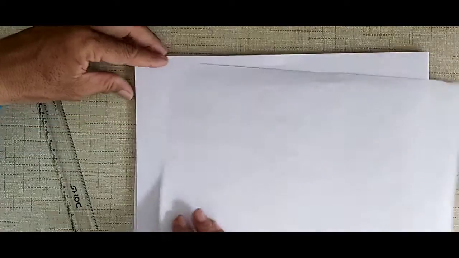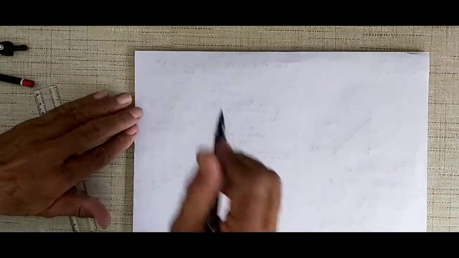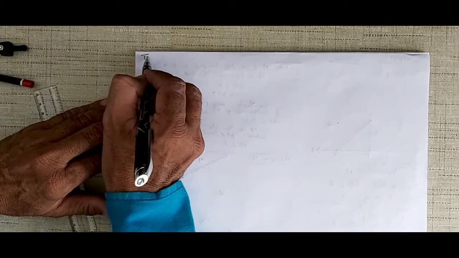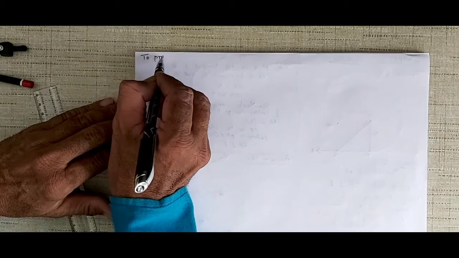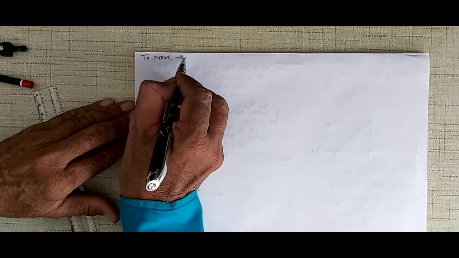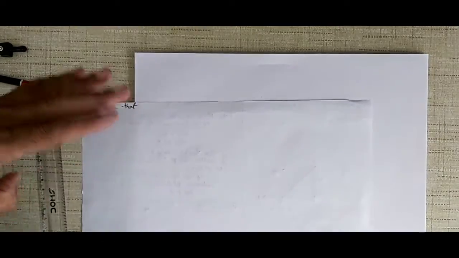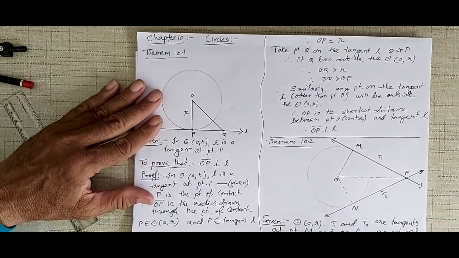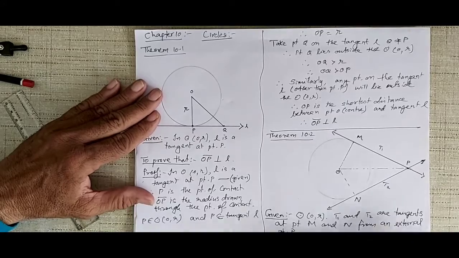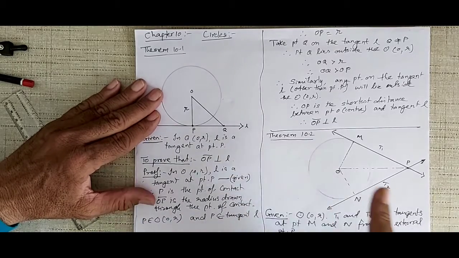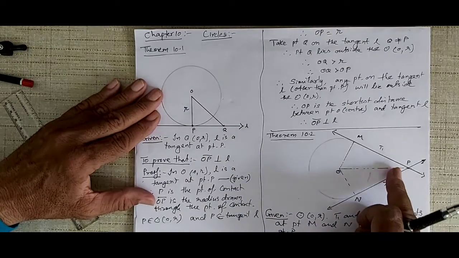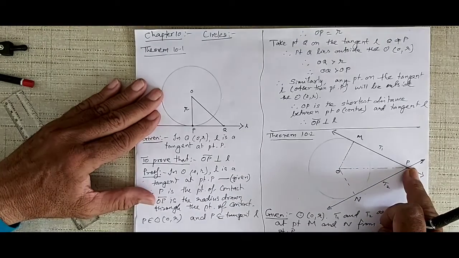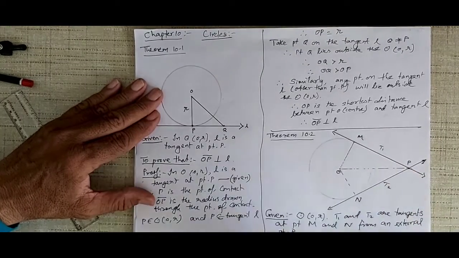What are we supposed to prove? Remember one thing, just to make this absolutely clear, theorem 10.2: we are given two tangents T1 and T2 from an external point P. We have to prove that T1 is equal to T2.